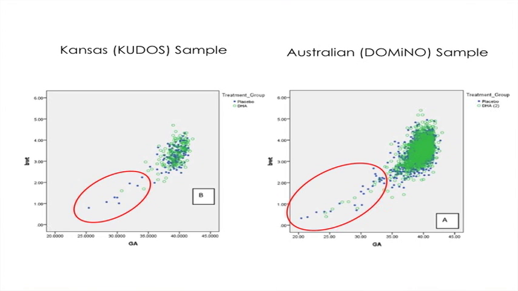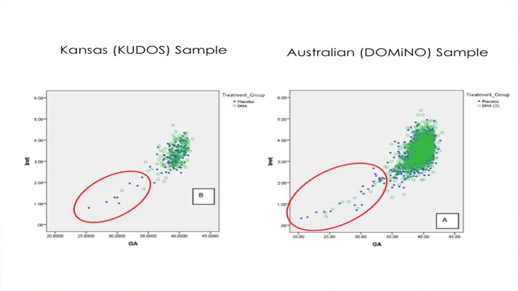That is, they're placebo. So this is where the high risk pregnancies are, and you can see almost all of them from our sample are placebo kids. Here's the sample from Australia, and again, look at the tail.